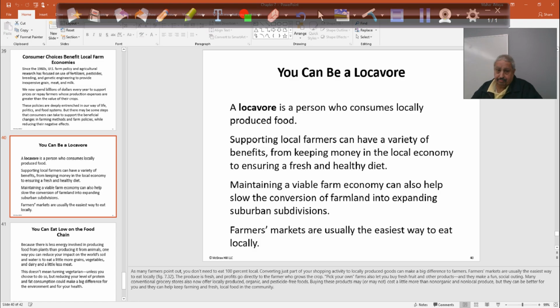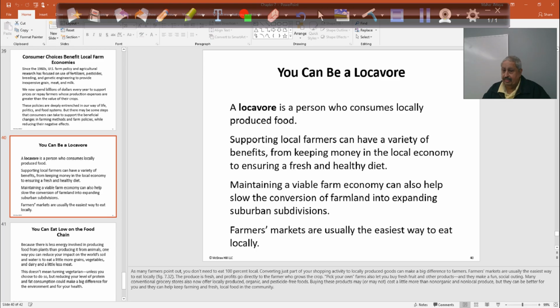So supporting local farmers can have a variety of benefits, from keeping money in the local economy. That's one. Keep the money inside Georgia, not outside Georgia. And maintaining a viable farm economy can also help slow conversion of farmland into expanding suburban subdivisions.